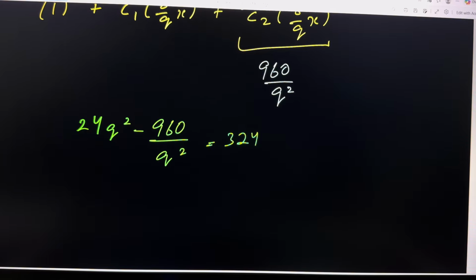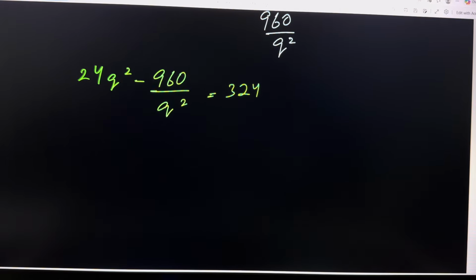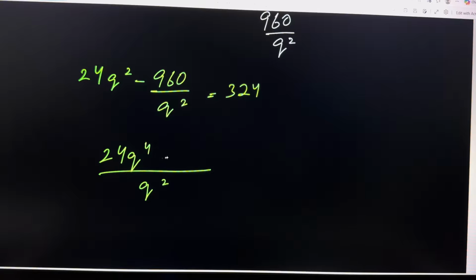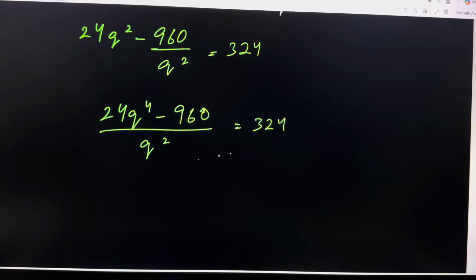What we can do is take the LCM here. So q squared multiplied by this becomes (24q^4 minus 960) upon q squared. Now both of these denominators are q squared, is equal to 324, and we can just take q squared there.